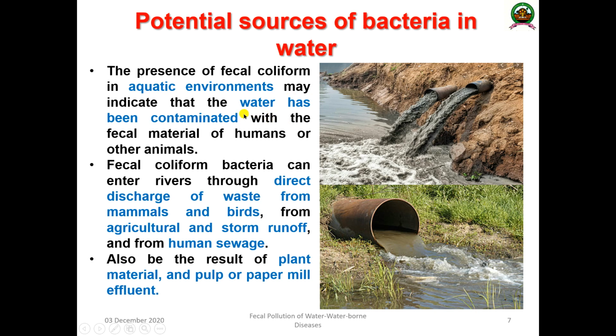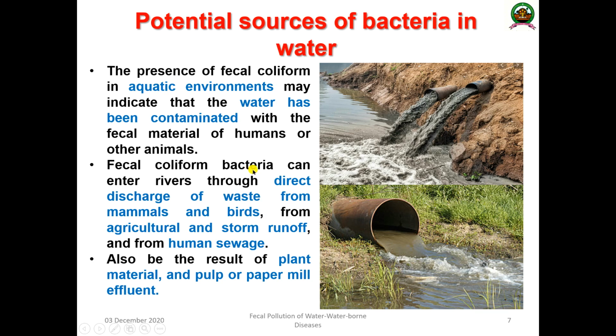This is because water is a very important thing. Every day we are drinking it. Without water we cannot survive. Even without food we can survive a couple of days, but we cannot survive without water. So that is very important. The presence of fecal coliform clearly indicates that the water may be contaminated.